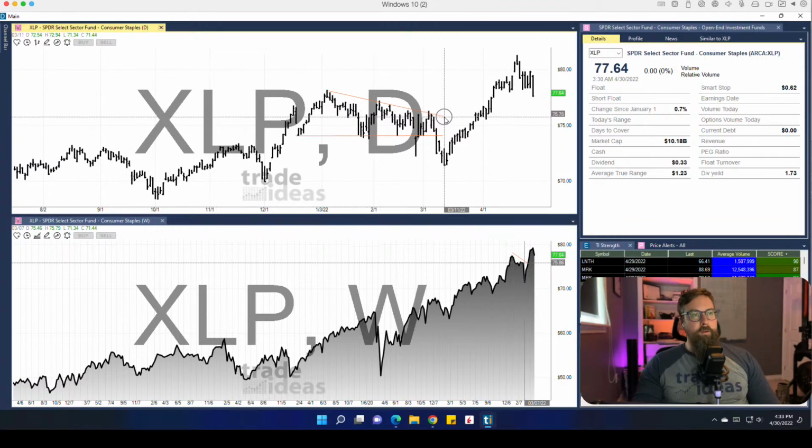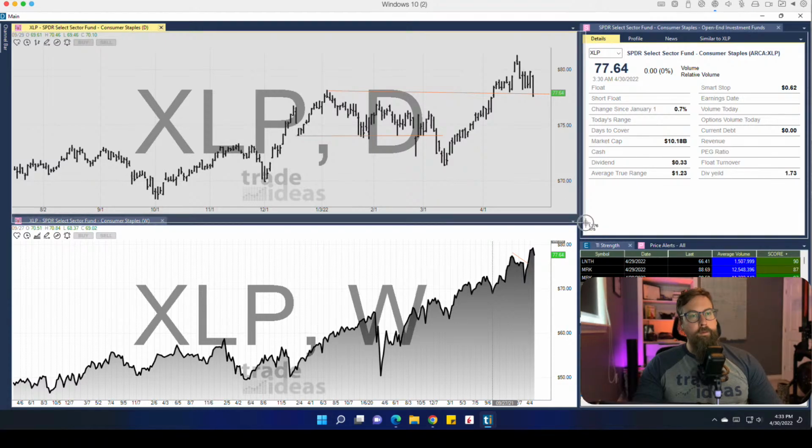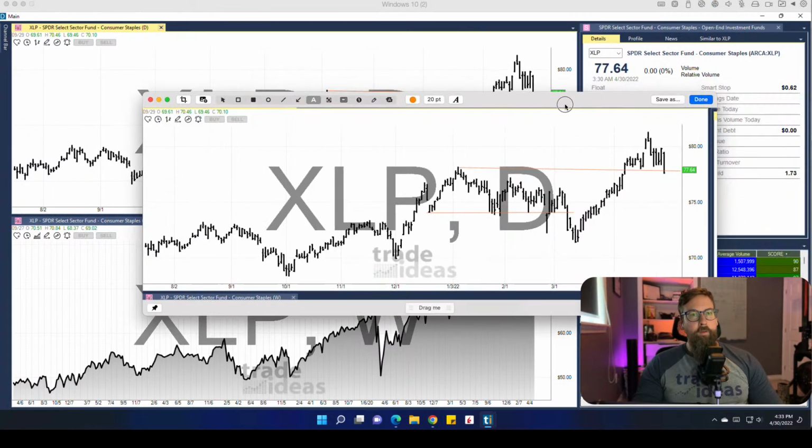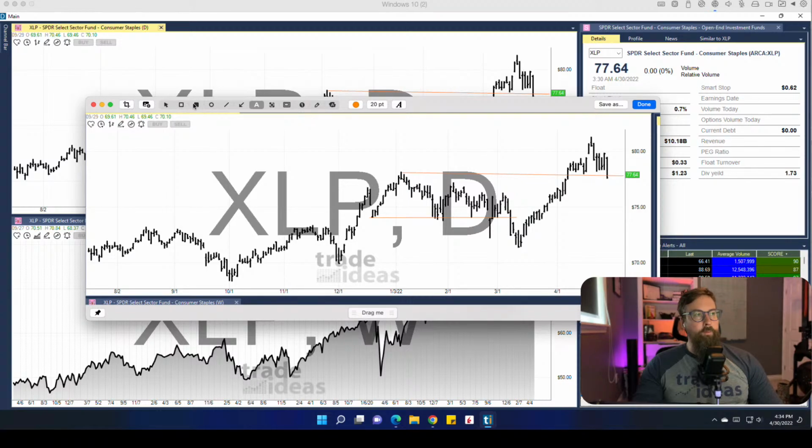XLP is interesting here. Highlight this one. Right. So again, with the talk of relative strength, while everything else was getting right near its lows, if we take a look here at XLP and just draw this resistance line, you can see that prior high, we're right at it.